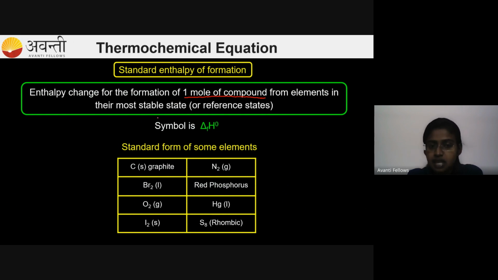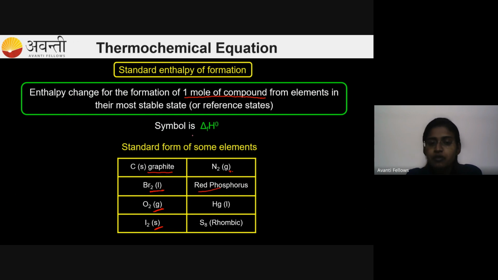What are the standard states of some of the elements? For carbon, the standard state is graphite, and for bromine, it is liquid. For oxygen, the standard form is gas, for iodine it is solid, and for nitrogen it is gas. For phosphorus, we have white, red, and black phosphorus, but the standard form is red phosphorus.